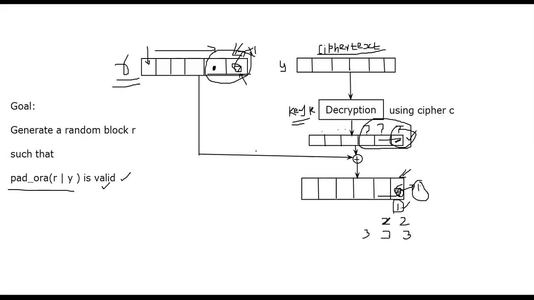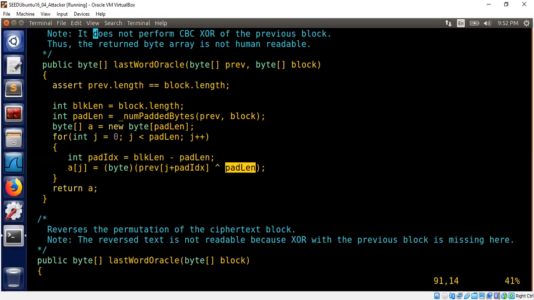Suppose the length is 2. That means I have a little for loop, take each byte here, XOR it with the corresponding random previous byte to extract the corresponding output here. Okay. So with that, we can now go back to the code and explain this portion. This is exactly what I'm talking about.